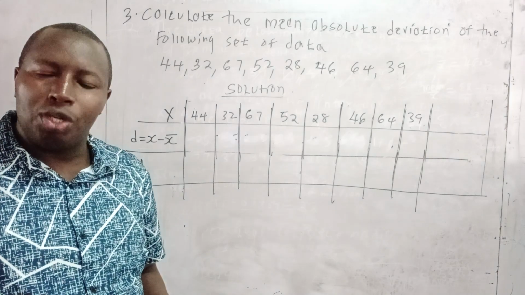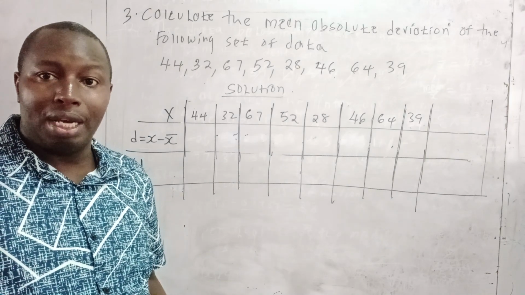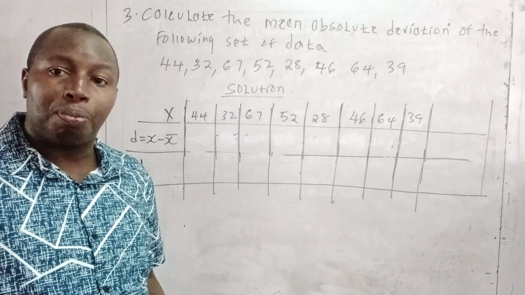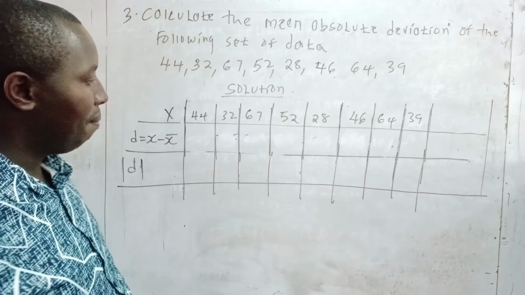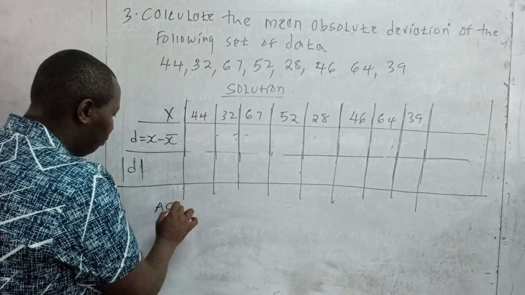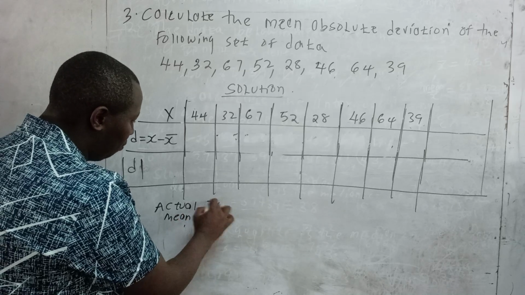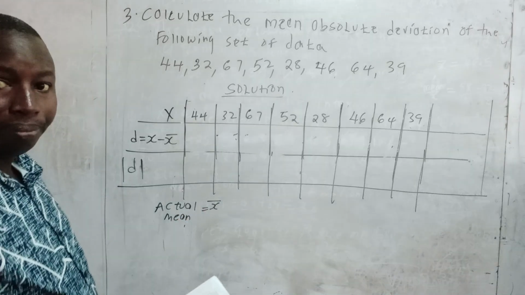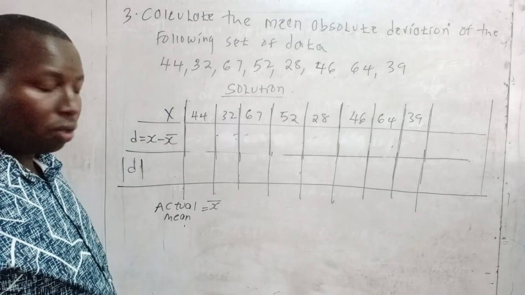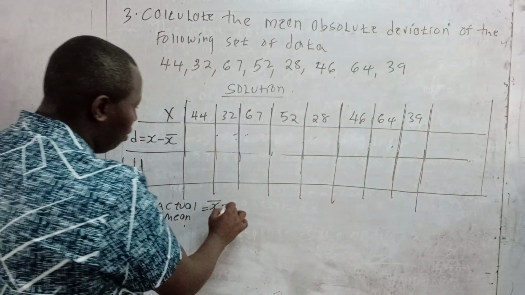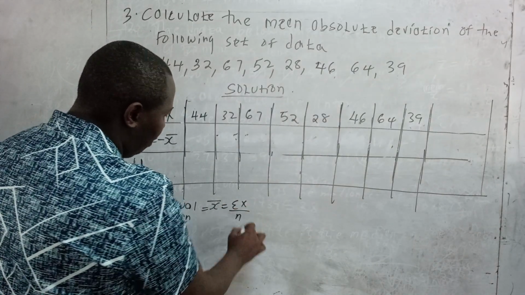Step number 1, when you want to calculate the mean absolute deviation, you are supposed to calculate the actual mean for the given data. We give it the letter x bar. The mean is given by sigma x over n.